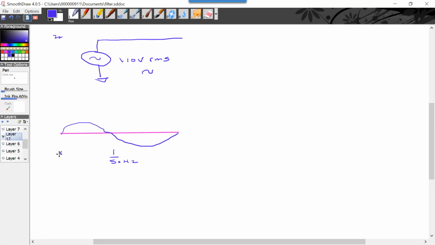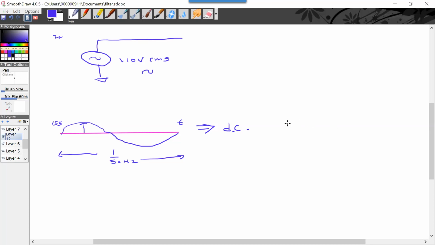And we'll do 50 hertz as if we're in the United Kingdom. I'm not quite sure what their peak to peak is, but our amplitude is 155. And we want to convert that into a DC signal. All right.